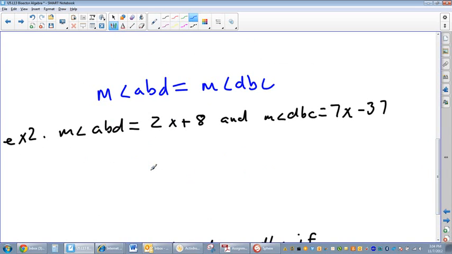Because they're congruent, because ray BD is a bisector of angle ABC. I just want the value for x.